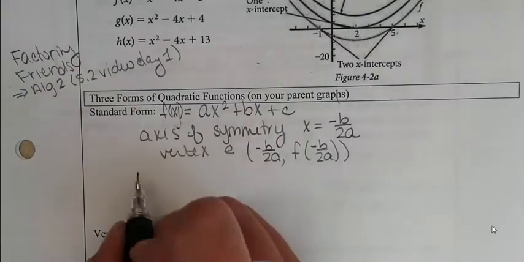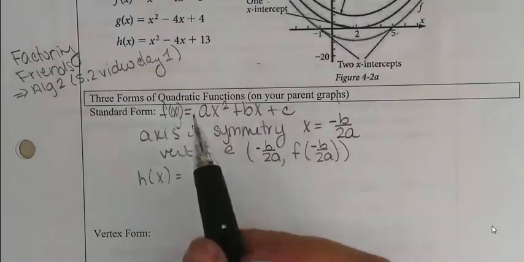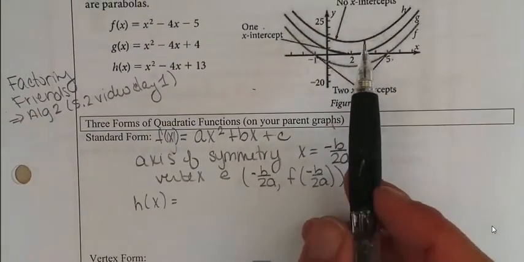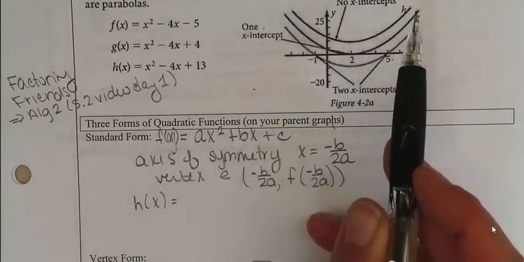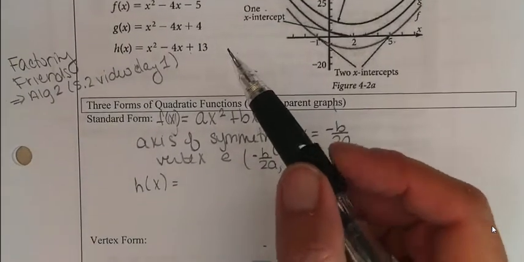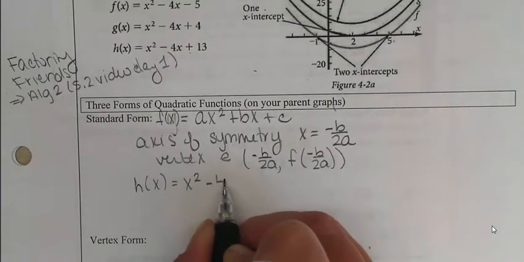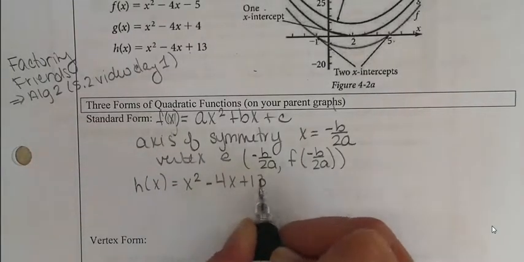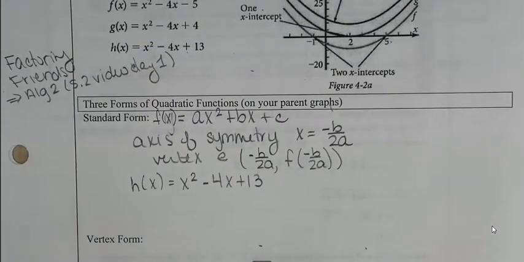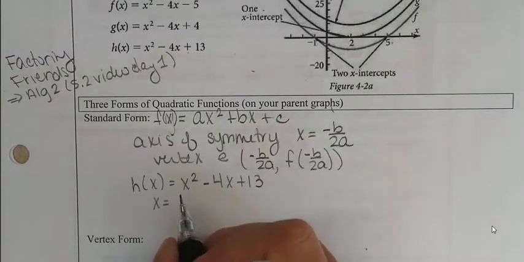So, for example, up above here, we had h of x, right? That's our standard form one. Well, they're all in standard form, but I'm going to use this one for standard form. So if I had x squared minus 4x plus 13, and I wanted to graph this without using my graphing calculator, then first I'd want to find my vertex.